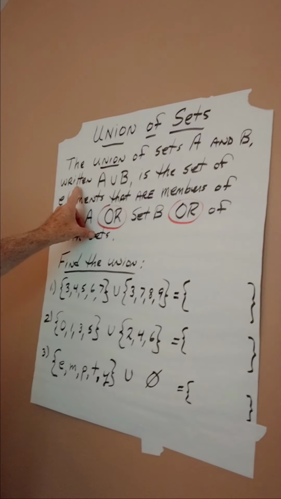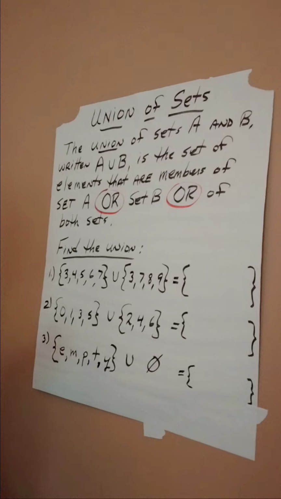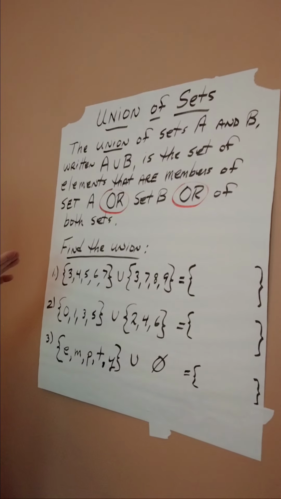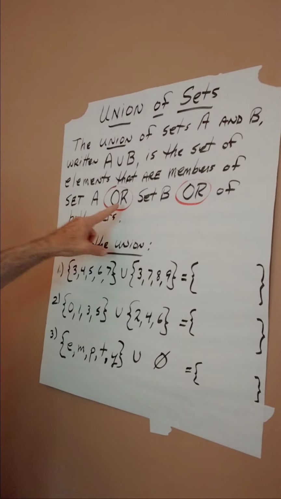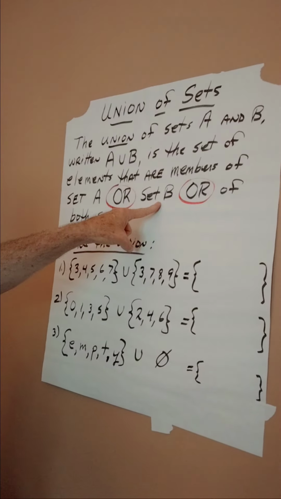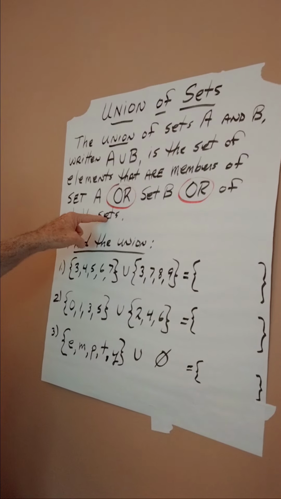So the union of sets A and B, written A union B, is the set of elements that are members of set A, or set B, or of both sets.